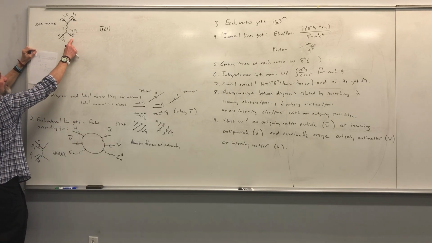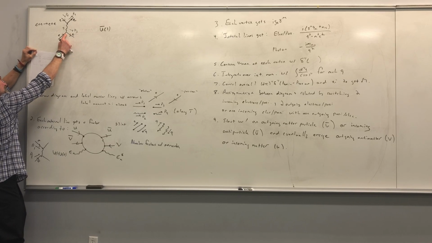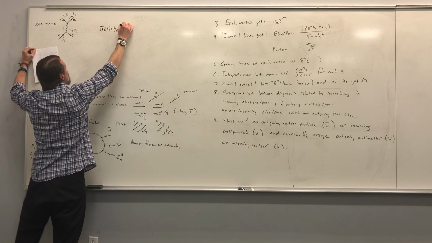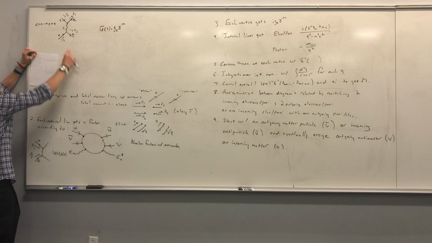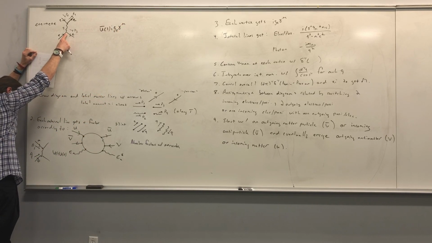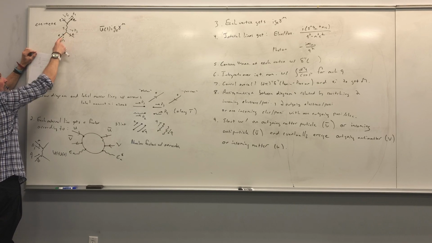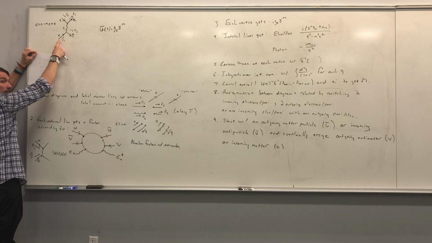Now, if I follow this line in, the first thing I do is I hit a vertex. So I should write down a vertex factor, i g e gamma mu. Okay? Now, the simplest thing for me to do is to just go out this guy. That's an incoming matter particle.